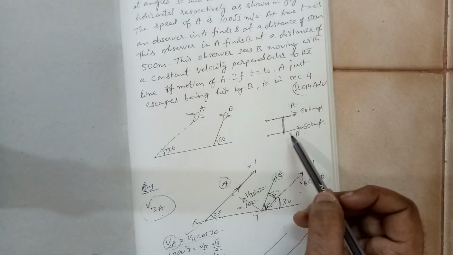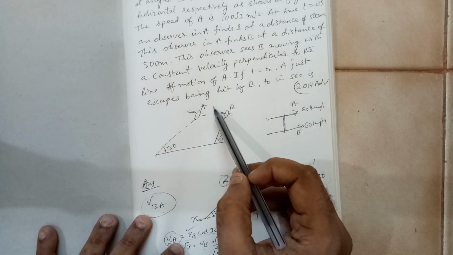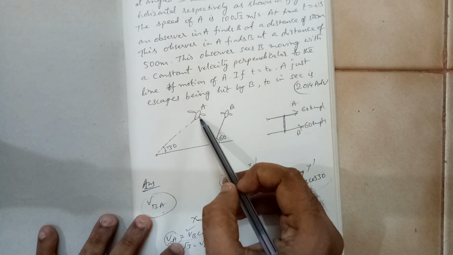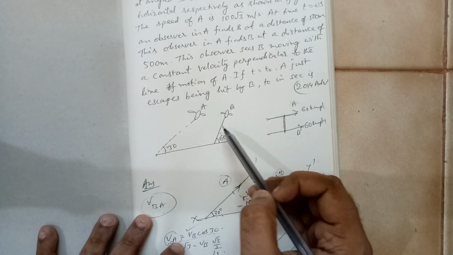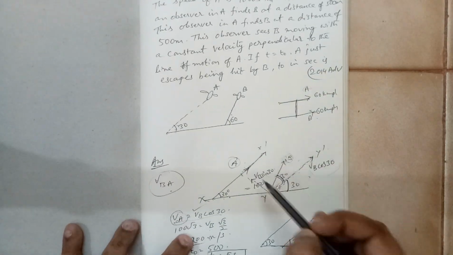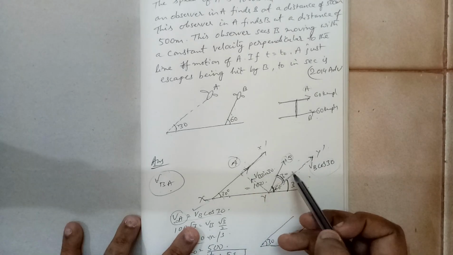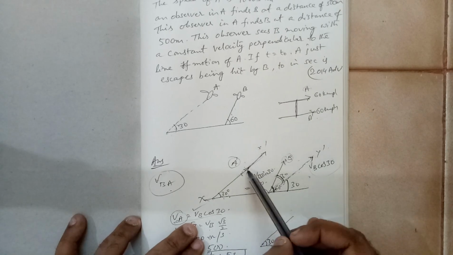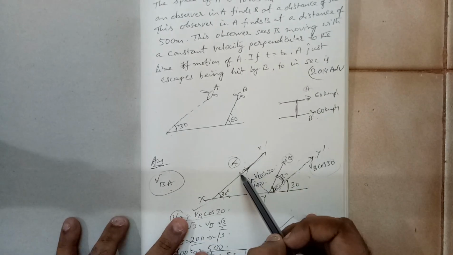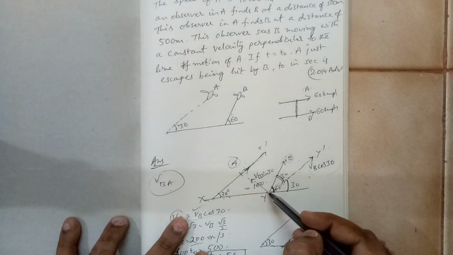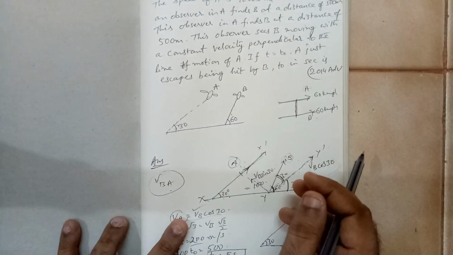Now even though it is making an angle of 30 degrees and going like this, the person in A feels as if this plane is coming in a direction perpendicular to the vector A. They may be going like this, but because there is a relative motion involved, the person in A feels as if this plane is coming in this direction and is going to hit him.